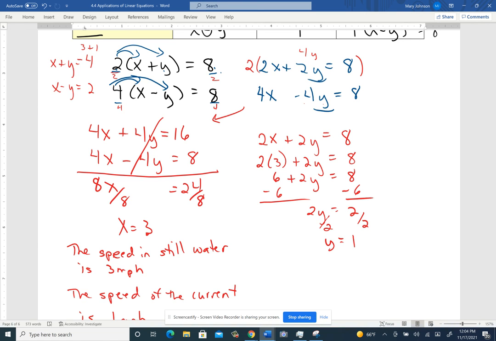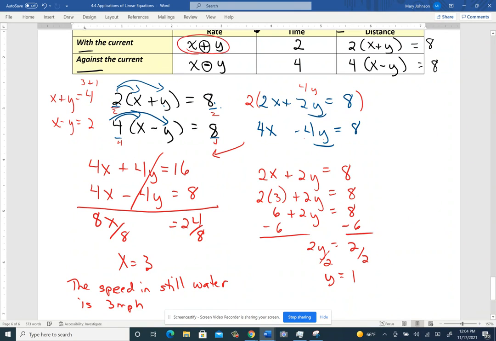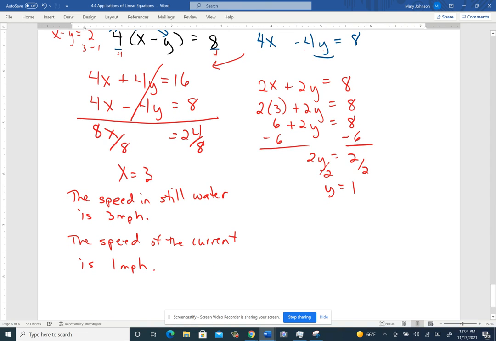The current would be helping him. X plus y, remember, was the rate with the current. And then notice that 3 minus 1 would have been 2 because you're going against the current. So the speed of the current is being subtracted from the kayaker's speed. Okay. All right. So there you have it.